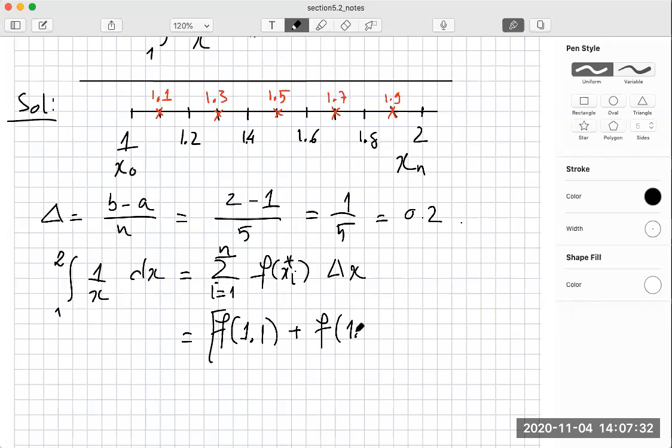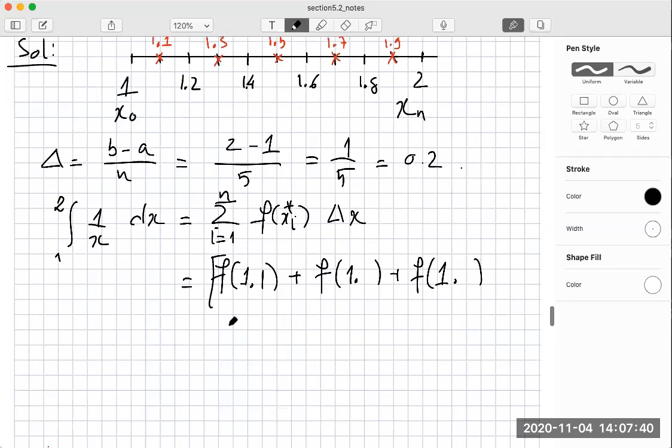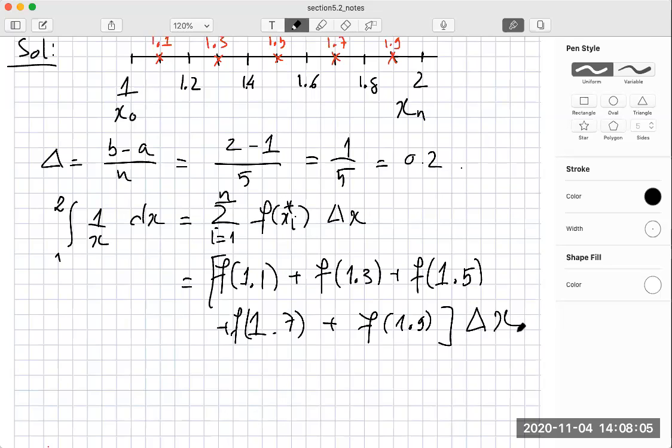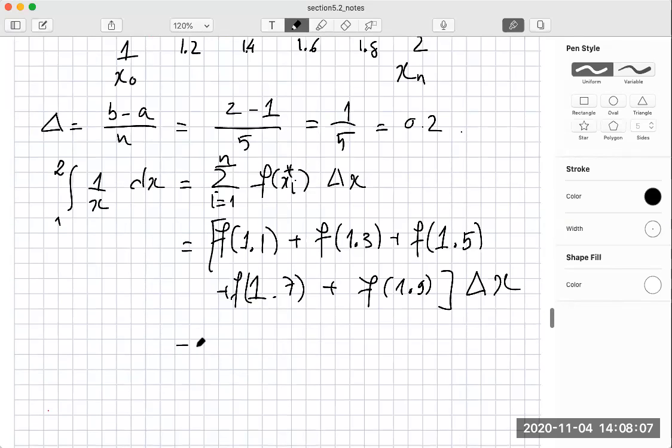And what is it here? Yes, and what is it here? Yes, and perfect. Thank you, Morgan. And all of them multiply with the same thing, delta x, right? Okay. So what do we have here?